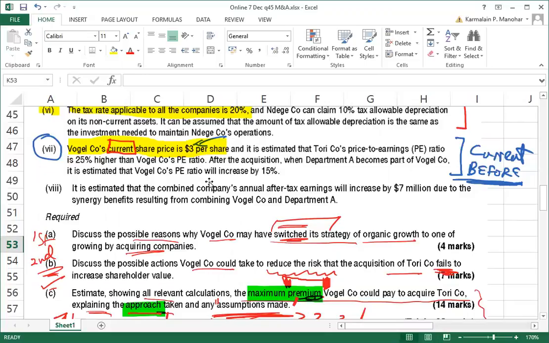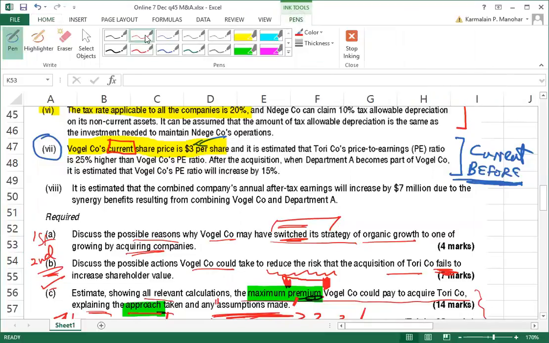I'm noticing they use my 7 in a little different way. They use the 7 there to add on to the estimated company's after-tax earnings. So this 7 is not just the company value. Hold on, I have that 7 in the wrong column. That 7 is not the value of the synergy itself, Amara, otherwise we would have added it in there.